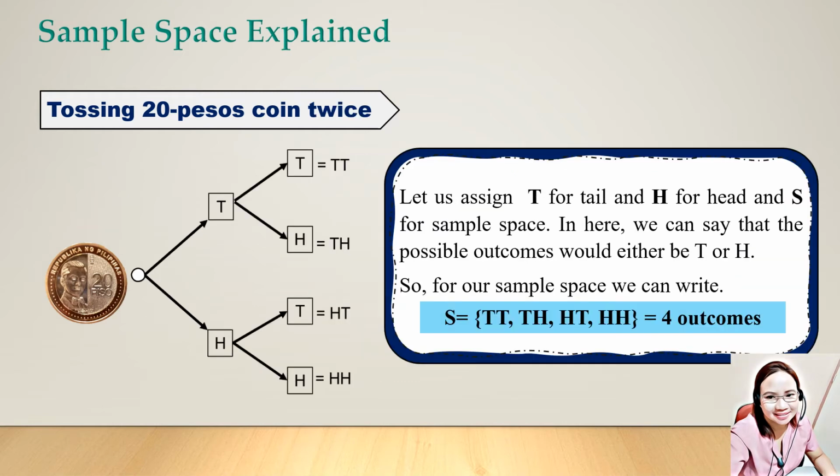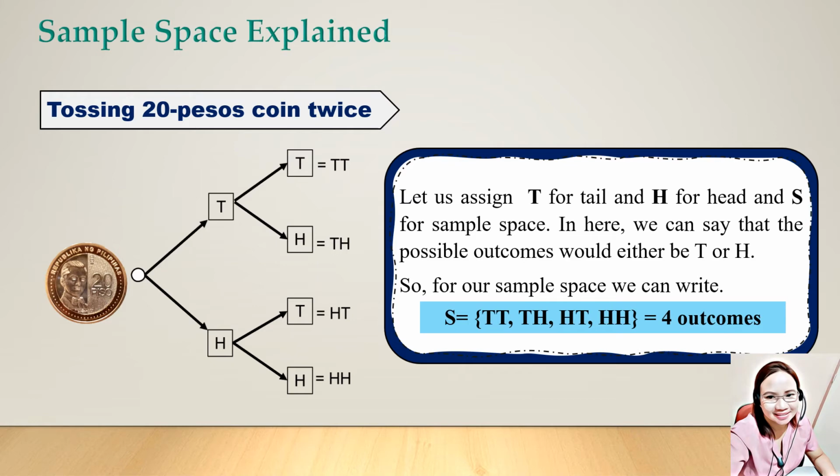For another experiment, tossing a coin twice, again, let us assign T for tail and H for head and S for sample space. For our sample space, we can write S is equals to TT, TH, HT, and HH.